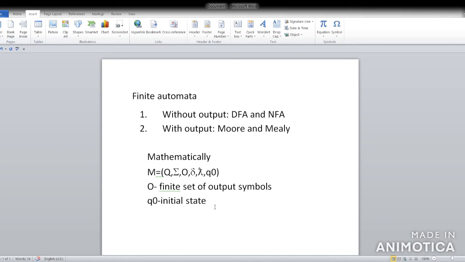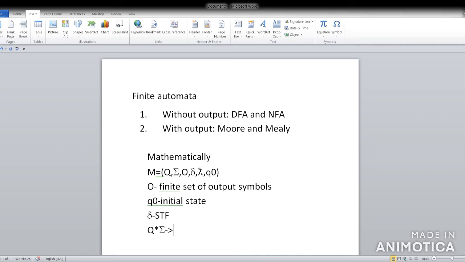Whatever is new, that we are going to study in detail. Now we will see the delta. Delta is a state transition function, and it is a function which maps current state, that is Q, and input alphabet to the next state.